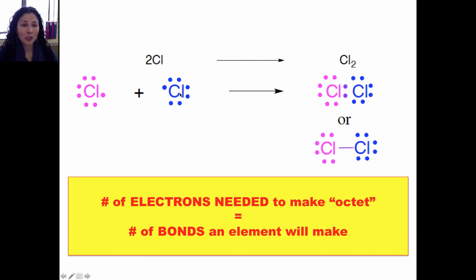If you know that chlorine is in group 7A and it needs 1 valence electron, then you know it needs 1 bond. Likewise, if you look for carbon and you know that carbon is in group 4A and it would need 4 electrons to complete its octet, then you know that carbon will make 4 bonds. In fact, carbon always makes 4 bonds.